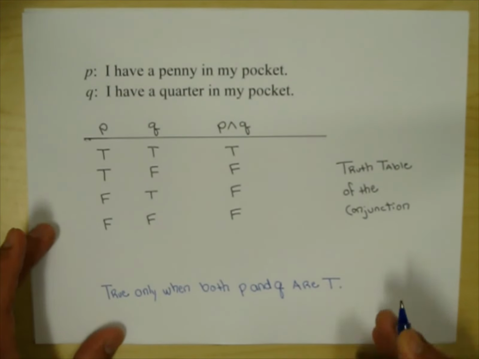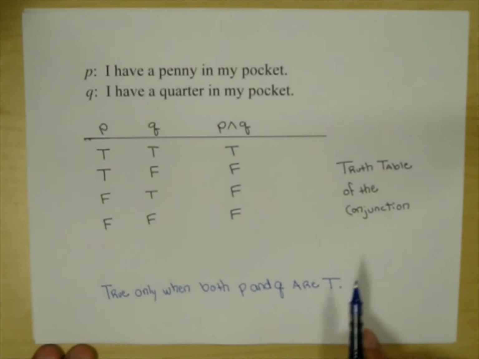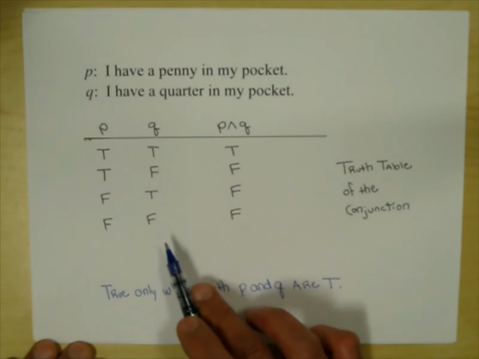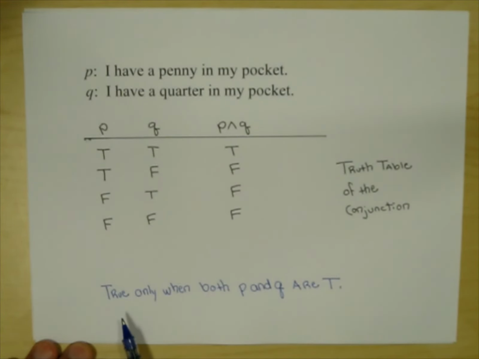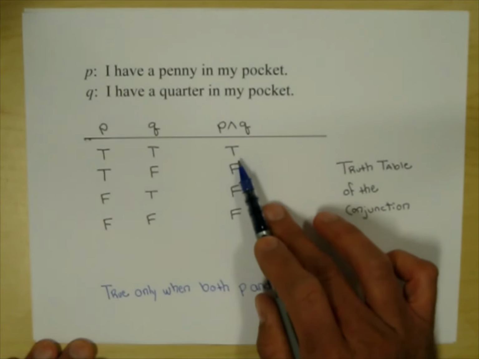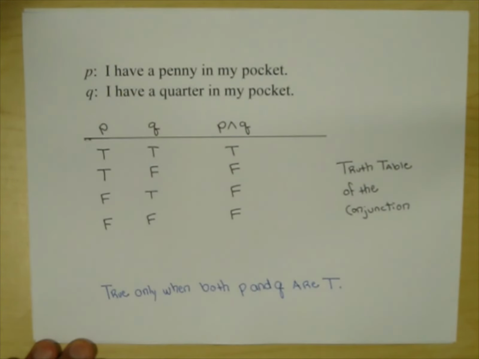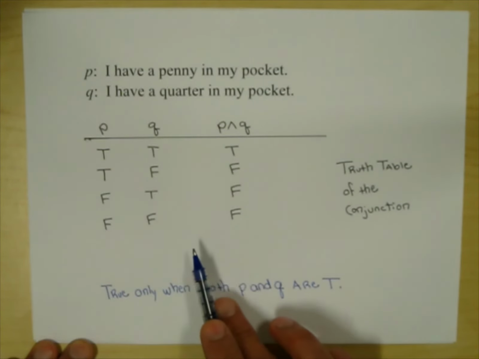So they can actually define the truth values of the conjunction without actually drawing the table. They can say, hey, guess what? It's true only when both P and Q are true. Otherwise, the conjunction's false. And you can see that the only time it is true is when both of them are true. Okay. Some people don't like this part that I put here. They'd rather just look at the truth table.